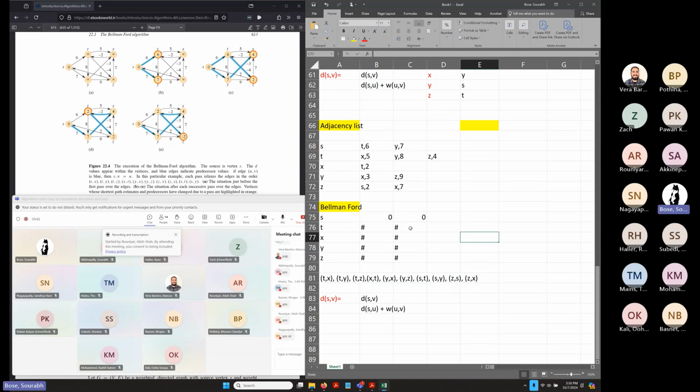Okay. So let's do T2x first. So T2x, the first edge. Can you guys tell me what am I trying to update? Which value am I trying to update with T comma x? Am I updating S or T or X? Which row should I be updating?